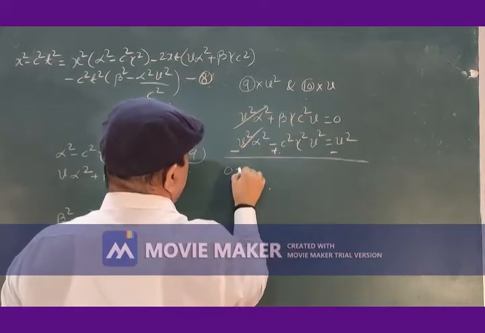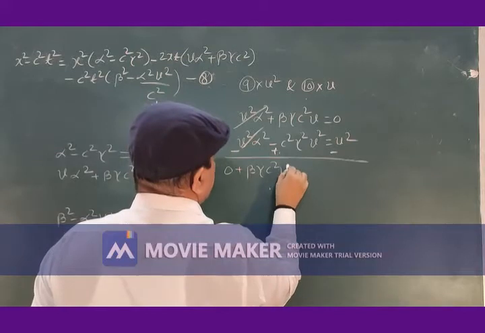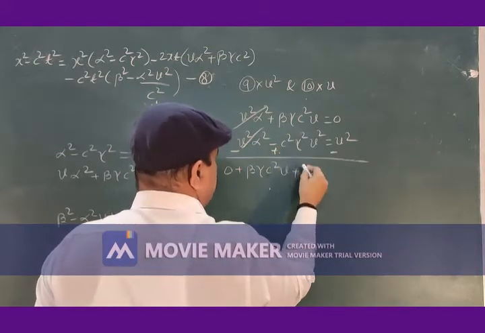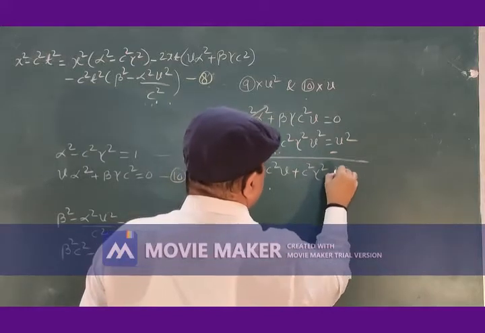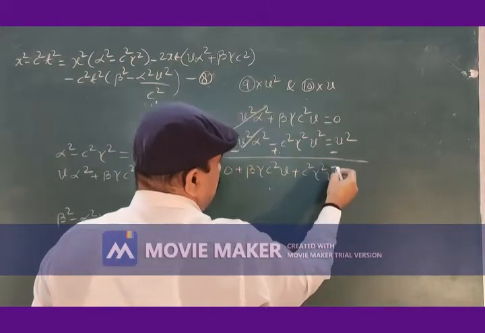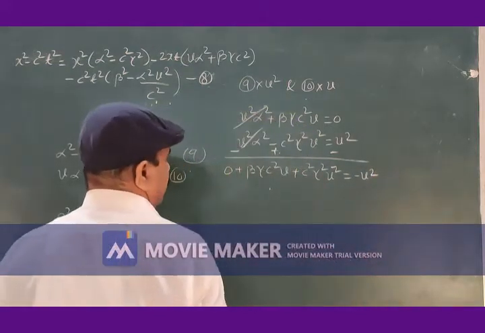What is left? Beta gamma c square v plus c square gamma square v square is equal to minus v square.